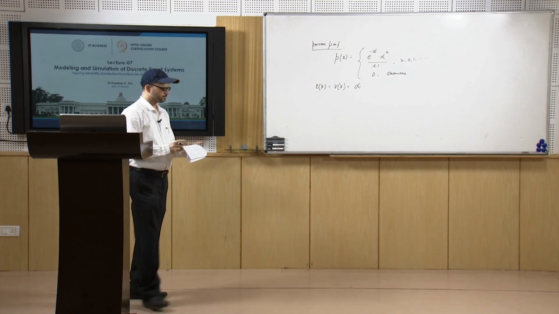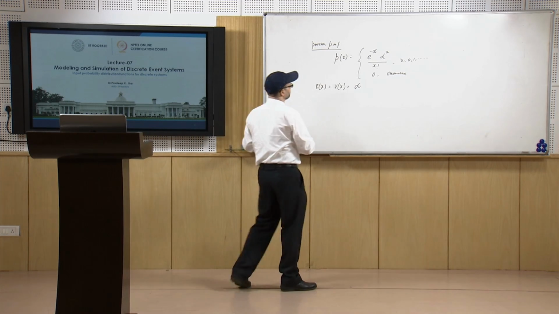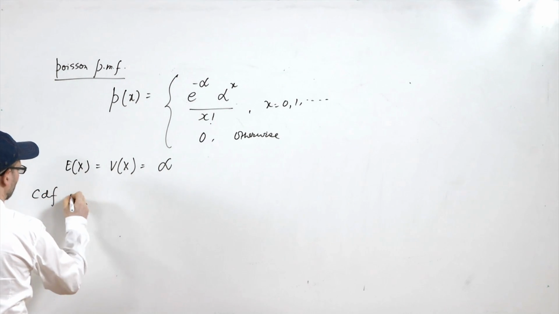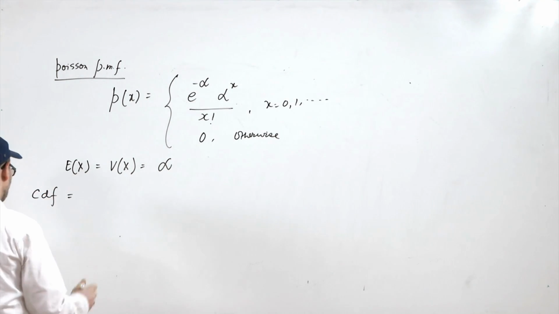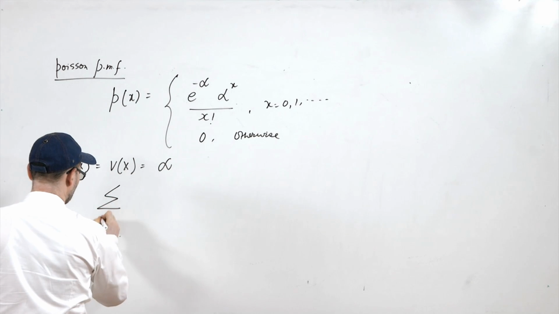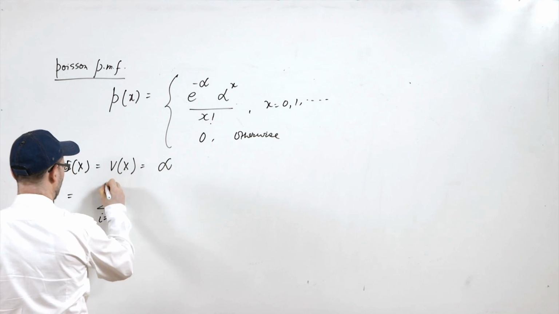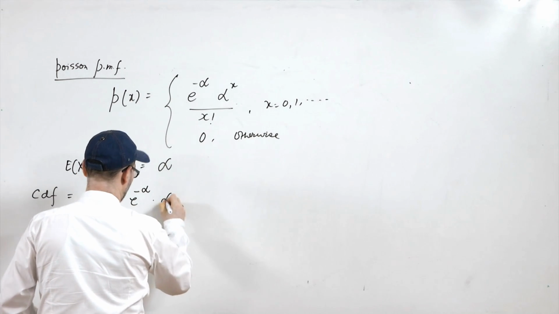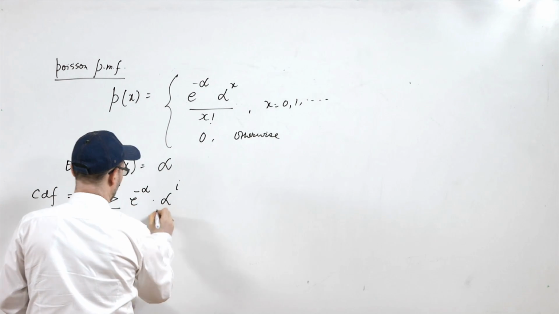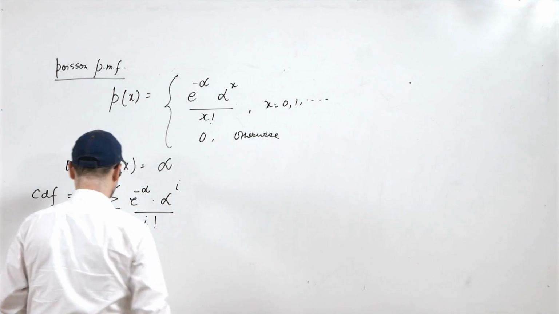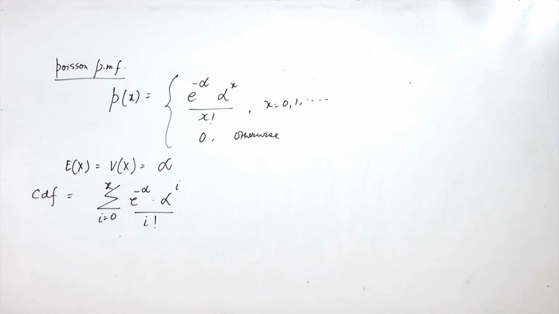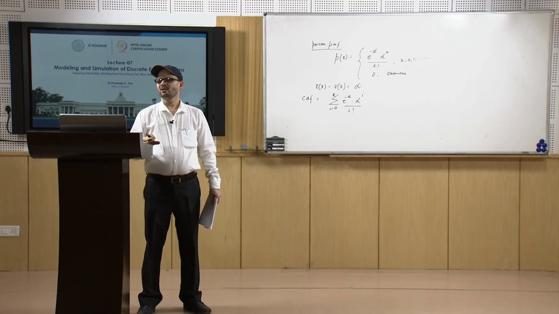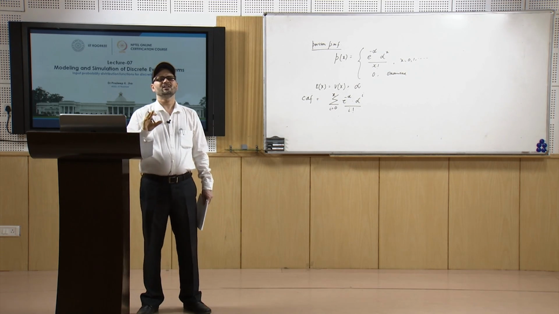Now, once we try to derive the cumulative distribution function, it has the value: sum over i equal to 0 to x of e raised to the power minus alpha, alpha raised to the power i upon i factorial. So, this is known as the cumulative distribution function for the Poisson distribution.